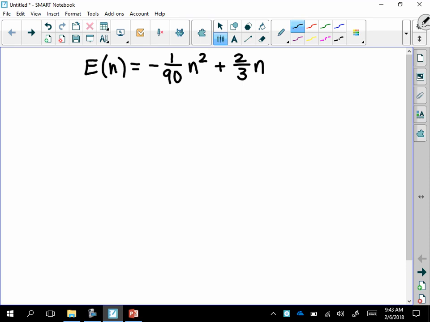So when this problem says, for this commercial to have its maximum effectiveness, how many times should a viewer watch it? Well, we're going to find the vertex. And to find the vertex, we do x equals, or in this case, n equals, and what's the formula?